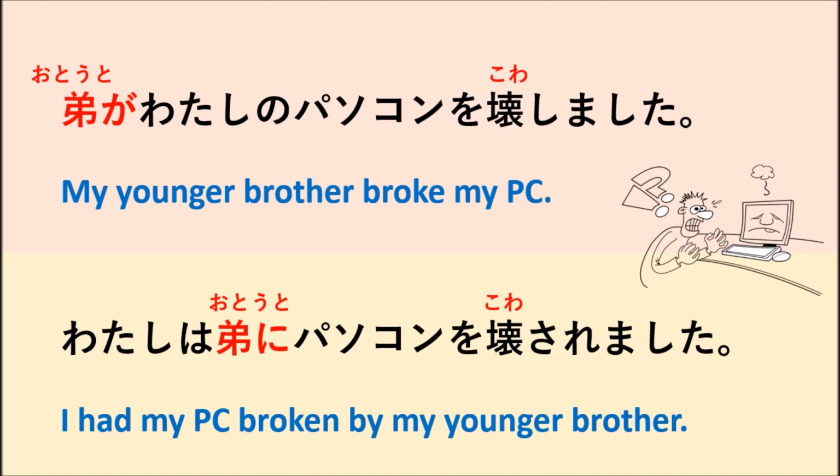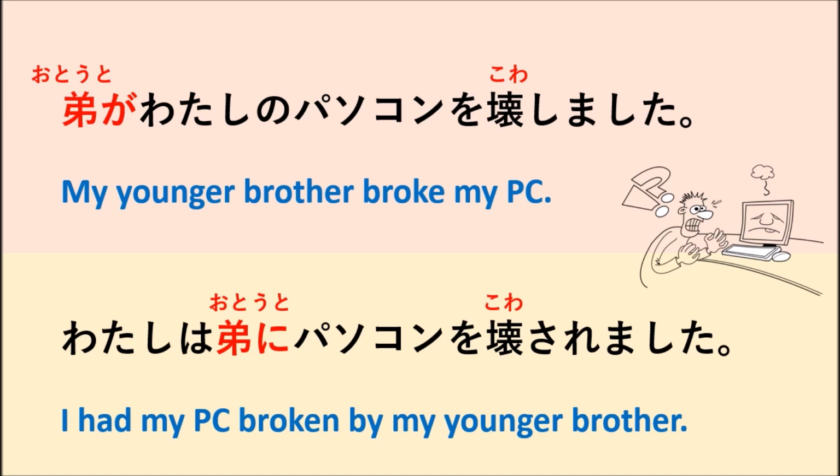What is the difference? You just put ni, right? Ni and by whom you put after ni, and you change the verb kowasu.